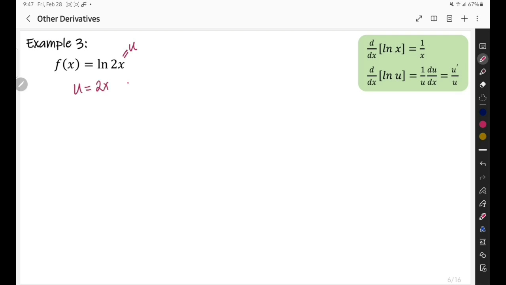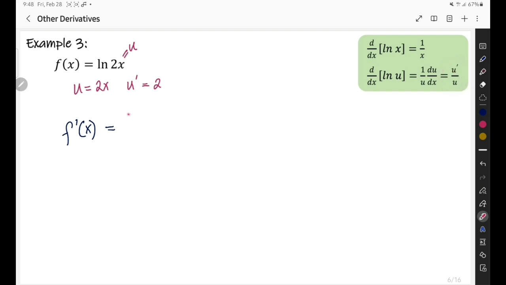Okay, so the u prime would be the derivative of 2x. The derivative of 2x is 2. Alright, so it would be much easier to use the formula. When we get the derivative of our function, f prime of our given function, we use this formula here, u prime over u.